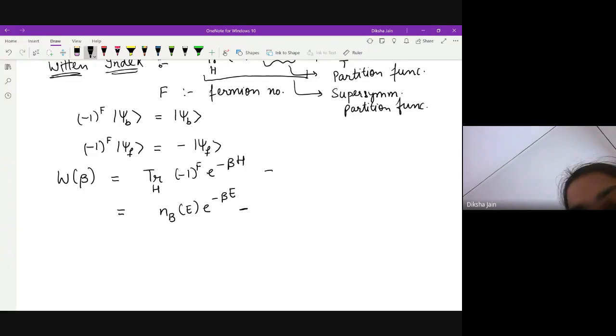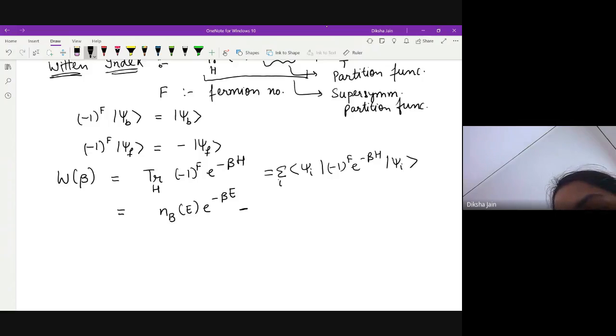Let me write one more step. This trace you can write as the sum over the states i of ⟨ψ_i|(-1)^F e^{-βH}|ψ_i⟩. This is the definition of the trace, where you sum over the whole spectrum of the Hamiltonian.